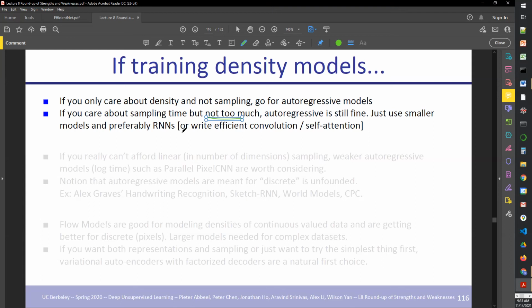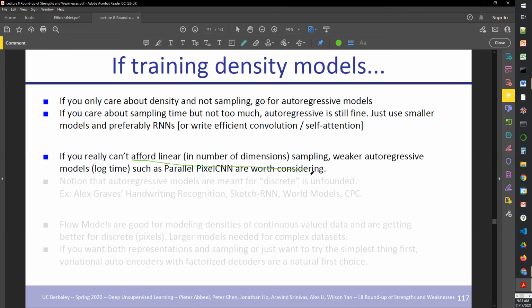If on the other hand you can't afford this linear scaling, remember that in MADE we were strictly autoregressive, so every successive pixel generation is conditioned on every pixel before it, then go for parallel pixel CNNs.